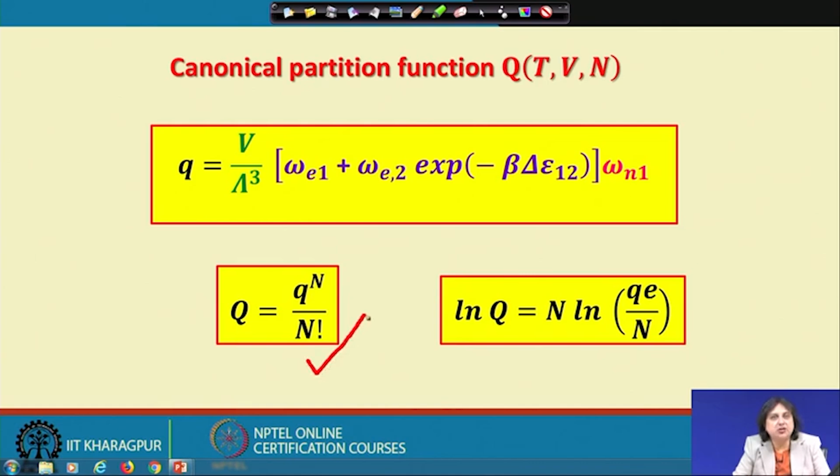Therefore, by definition capital Q is related to small q like this, and I would like to find out what ln Q would look like. Why ln Q? Because you already know by the bridging relationship that F, the Helmholtz free energy in the canonical ensemble, is related to ln Q. So, let us now try and derive that.